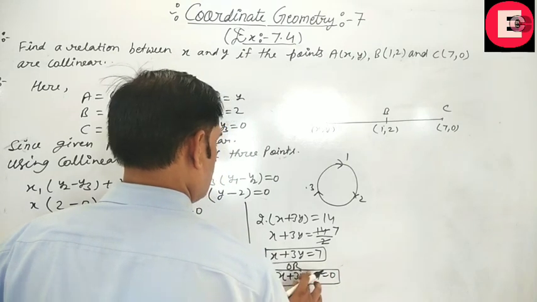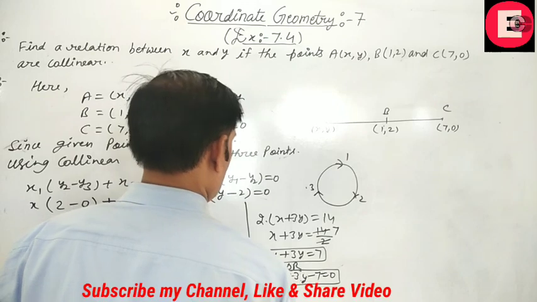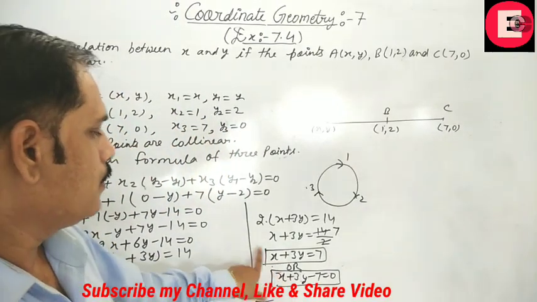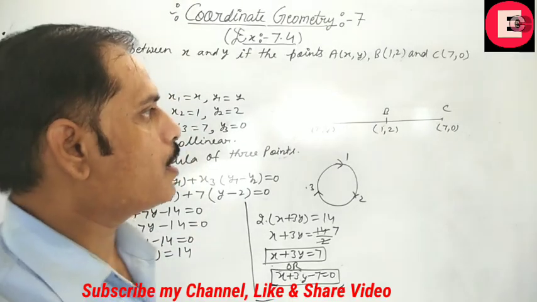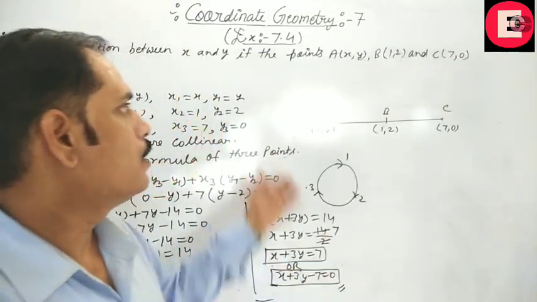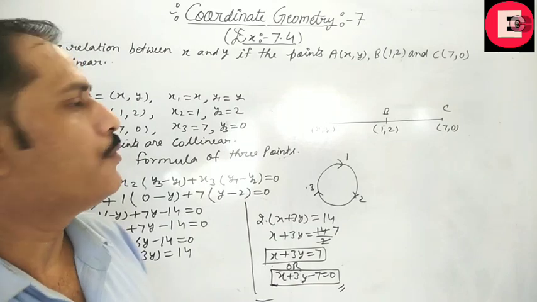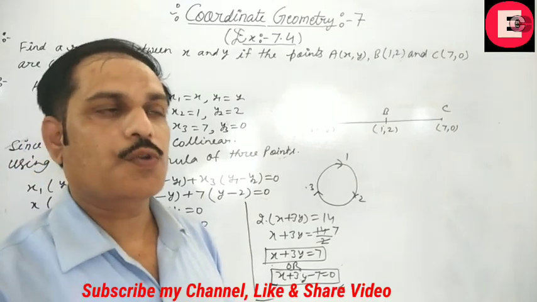This is the relation between x and y. So we get the result of question number 2. Please note this, and we are going to the next question number 3.